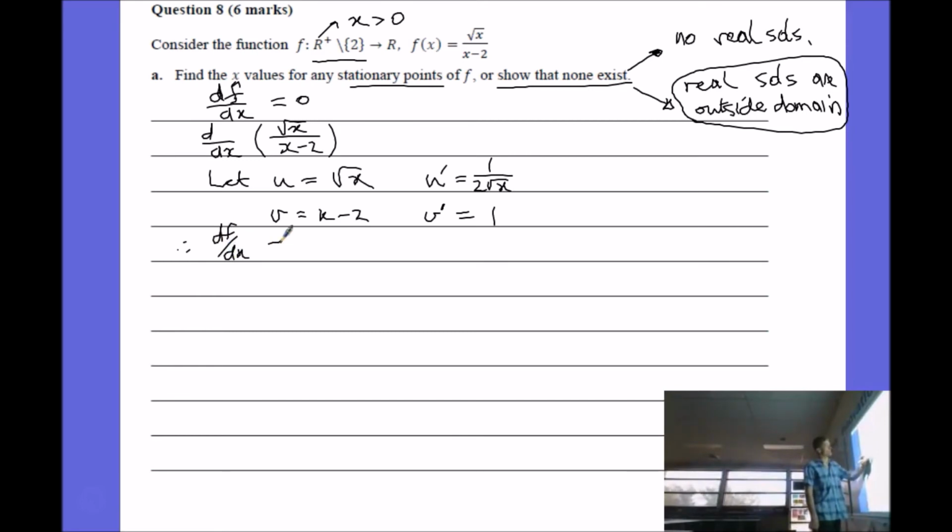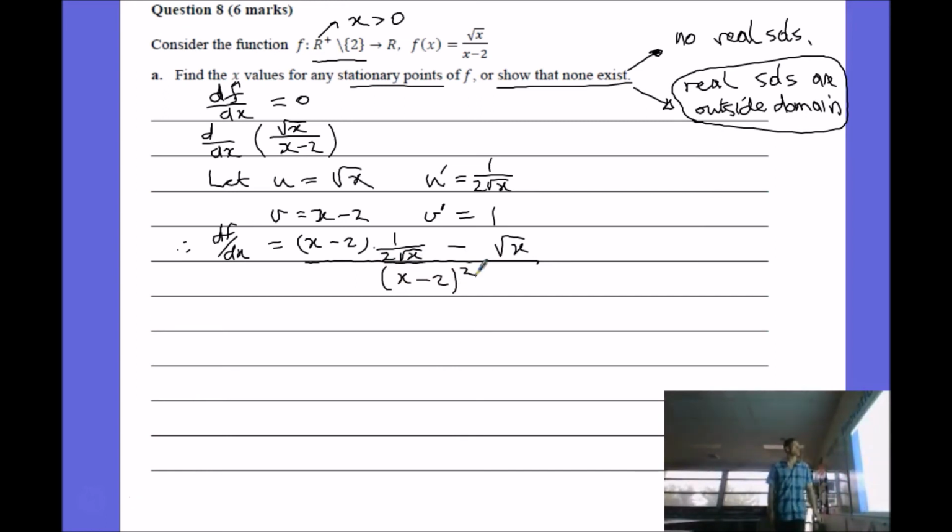Now we should remember our quotient rule quite well. It says start with v times u dash minus u times v dash, divided by v squared. So we're going to get this term here, x minus 2 multiplied by 1 over 2 square root x, minus just square root x, all on v squared, x minus 2 all squared.